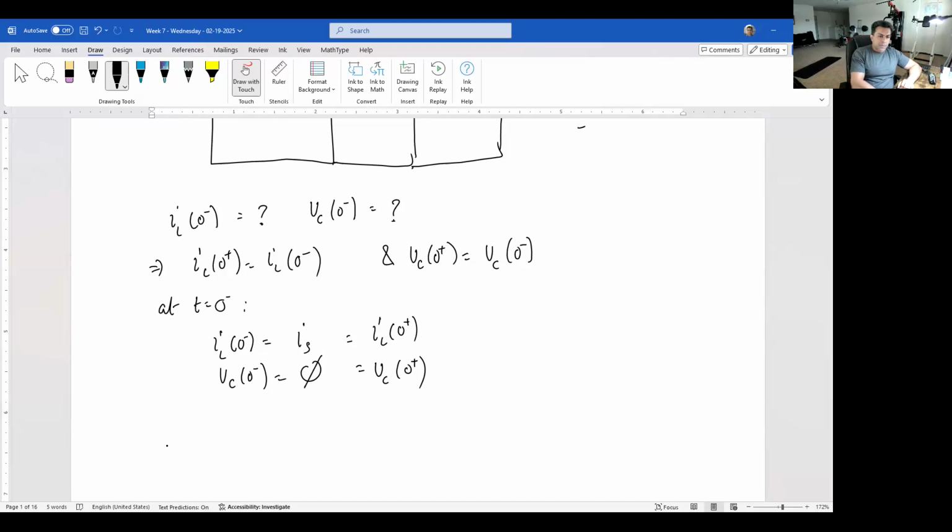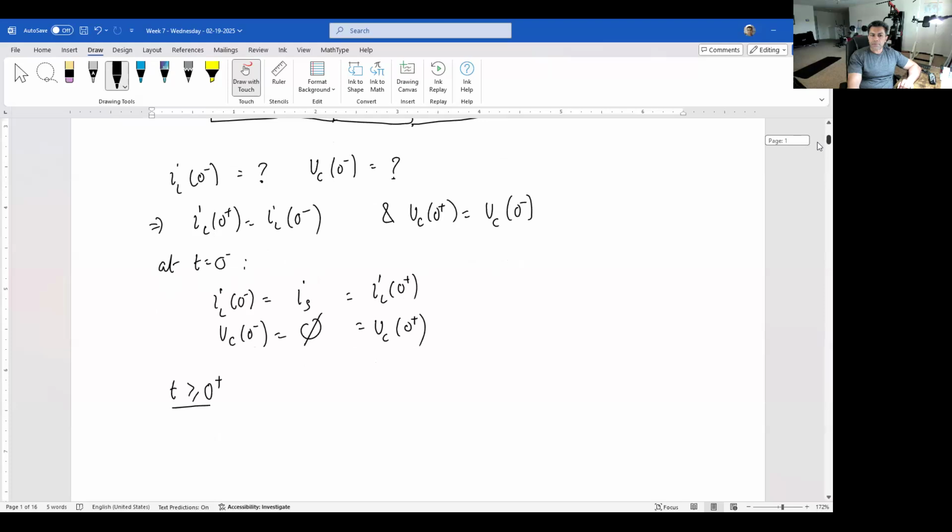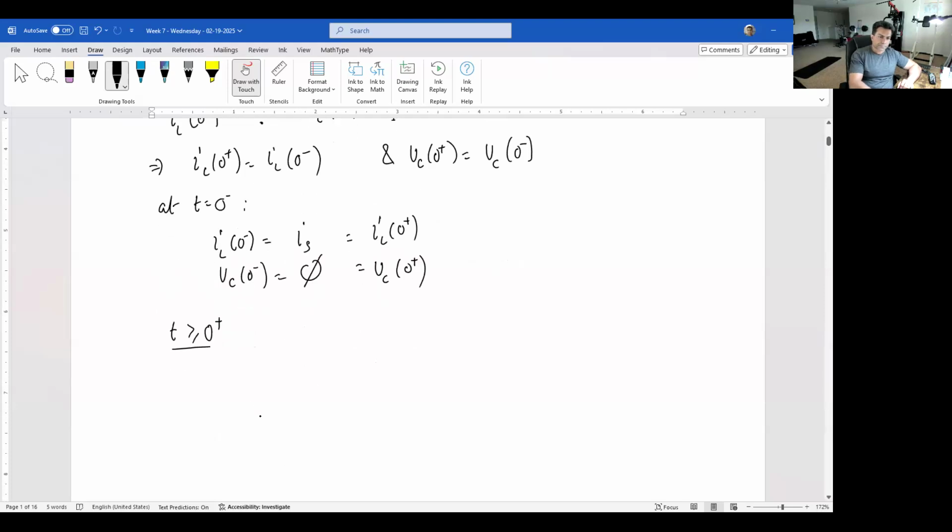Okay, so now we're going to start evaluating when the circuit becomes a natural circuit. That is, we're going to remove the source from the circuit. And to do that, we are going to write the KCL equation.